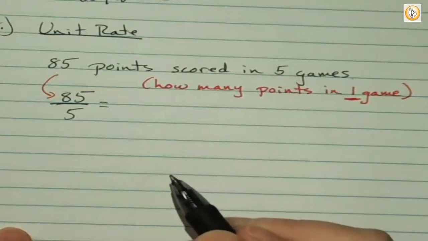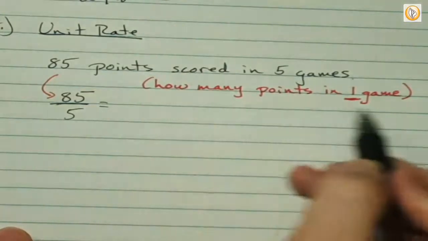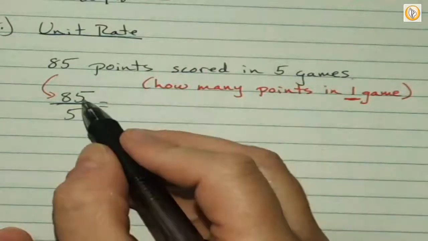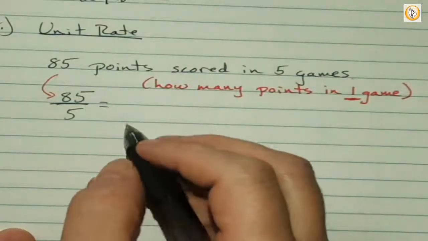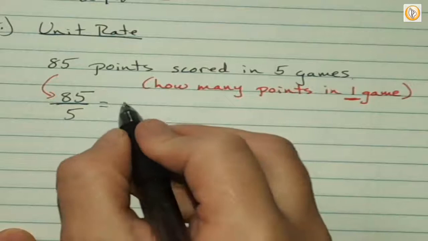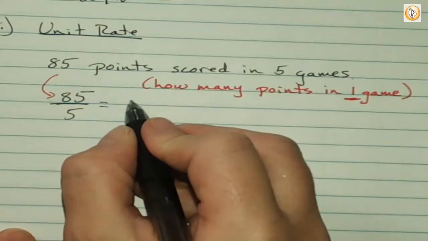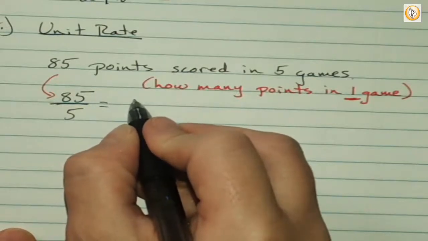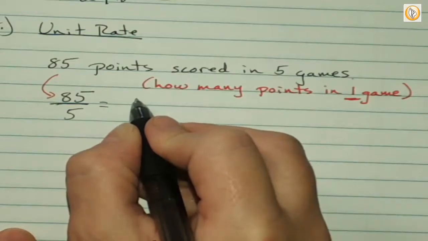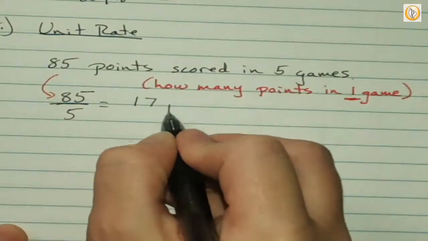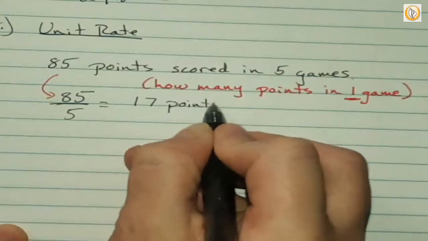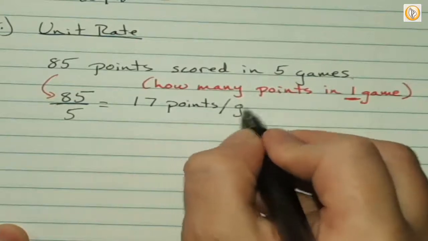So 5 goes on the bottom because we're looking for how many points in one game. 85 divided by 5 is what, Michael? So 17 points per game.